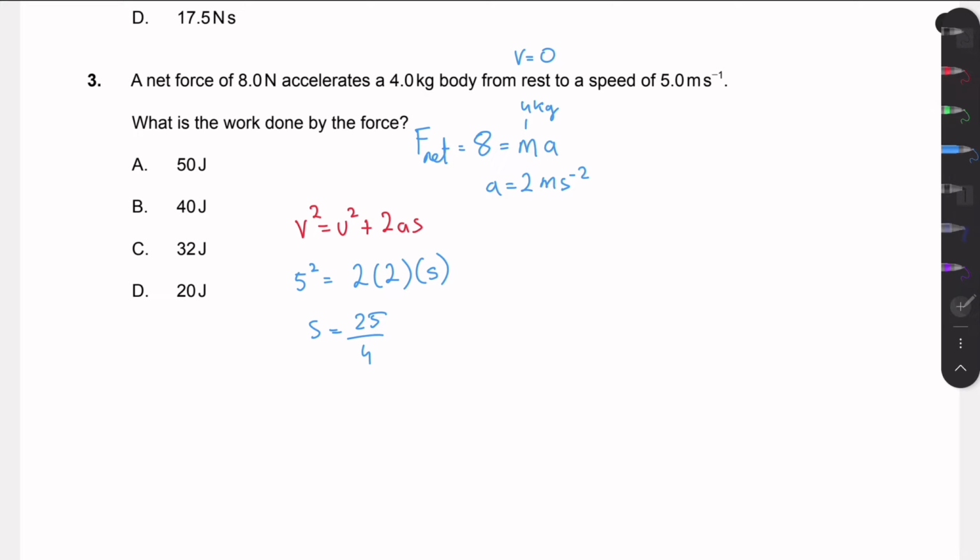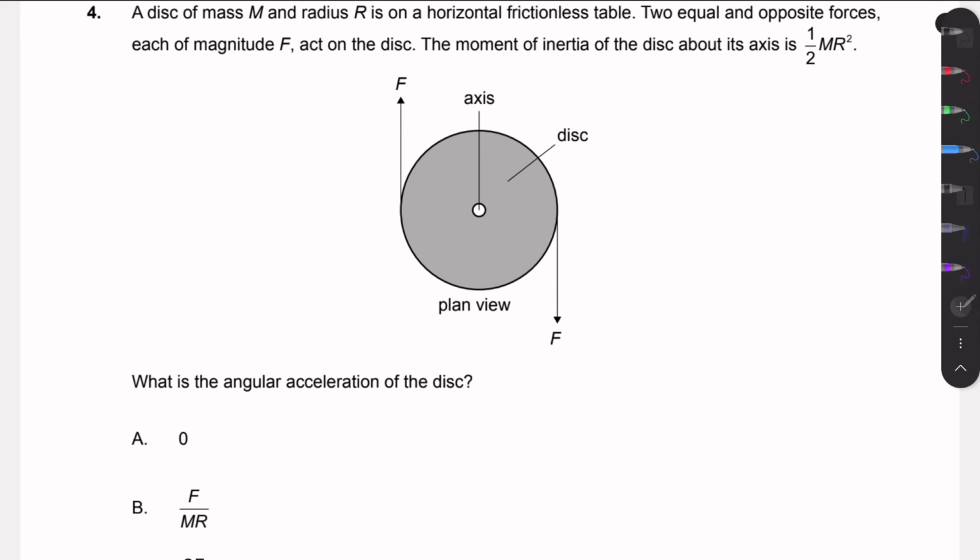And work is just force times distance. So we know the force being applied is 8 newtons, distance is 25 over 4 meters, so this will just be 2 times 25, so 50 joules, which is A.